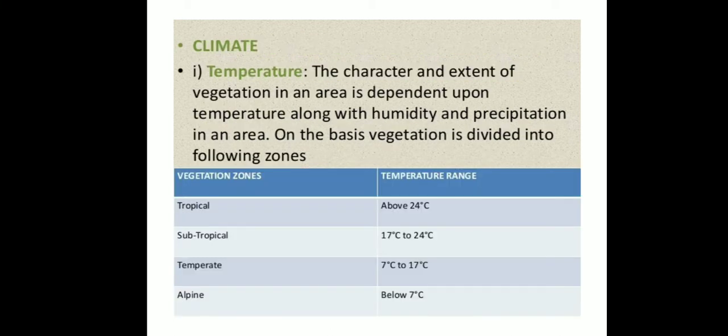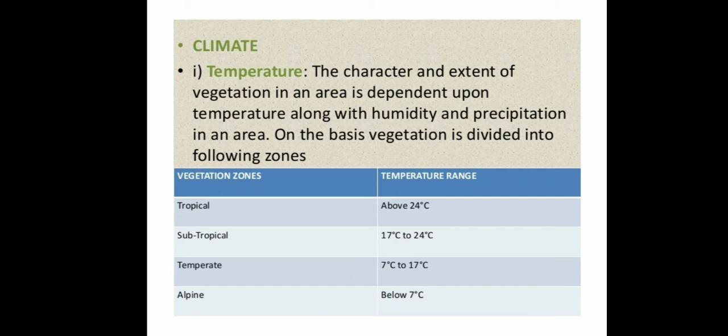Then the second factor is climate. Here in climate, first comes temperature. The character and extent of vegetation in an area is dependent upon temperature along with humidity and precipitation. On this basis, vegetation is divided into the following zones. That means natural vegetation depends on the conditions of humidity, temperature, along with precipitation of that particular area.